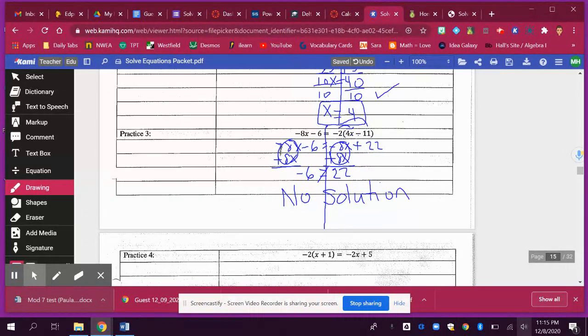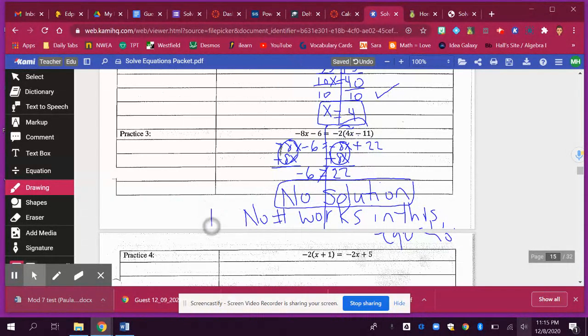There will be no number that works in this equation. We can say no number works in this equation. No solution is our answer, and this is what it means.